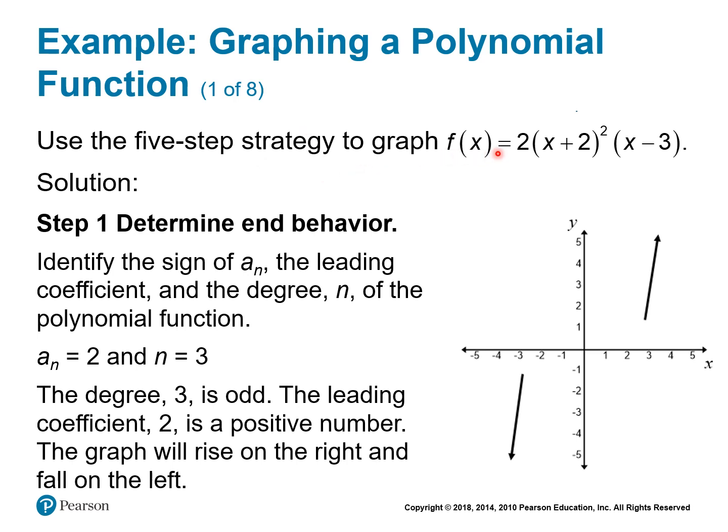So let's look at the function they have given us for which we have to draw the graph, going through the steps one by one. It says here f of x equals 2 times (x plus 2) whole squared times (x minus 3). Note that the form of the function is not in the standard polynomial form.